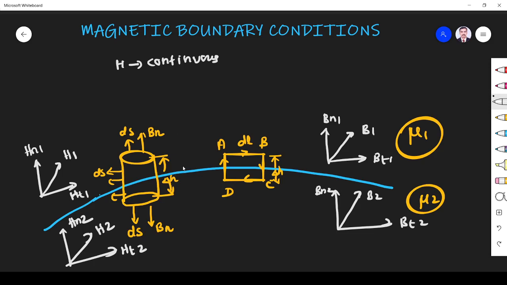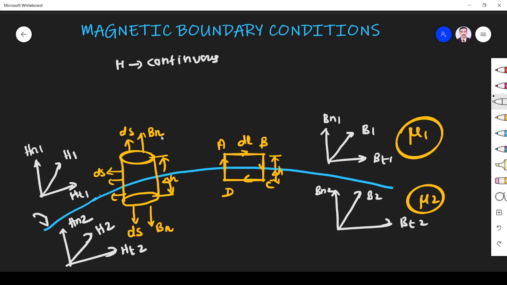in this class, right? So let us consider the boundary formed by two linear isotropic materials with the permeability mu1 and mu2. This is the boundary. This is medium 1, whatever is on this side is medium 2.